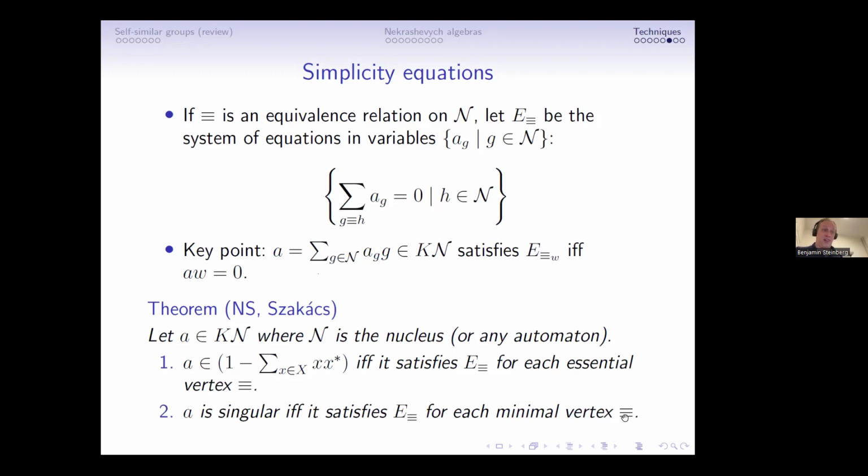The minimal vertices are essential, and we want to know whether these equations have a solution which is not a solution to those equations. So are these equations implied by those equations? And that you can do. And in practice, somehow these don't get too big. In a lot of examples, all the vertices are essential, and most of them are minimal. We only have a couple of examples where there are even non-essential vertices.